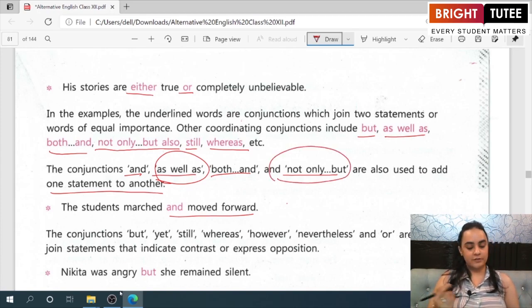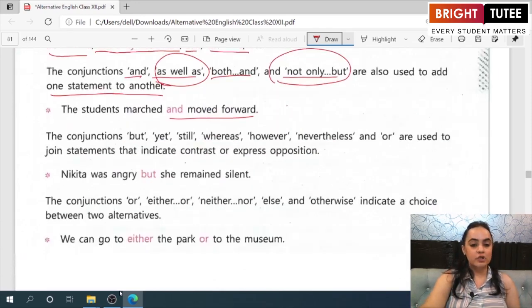Not only, if I say, not only is my friend very kind, but very selfless as well. So again, I have added a sentence. So we use these coordinating conjunctions to add another statement to them.